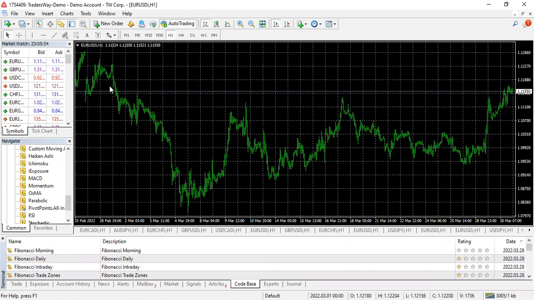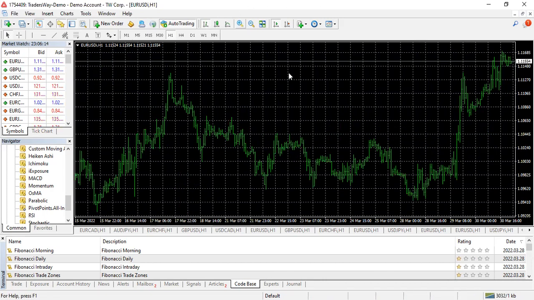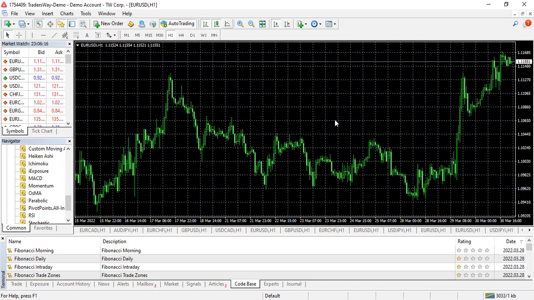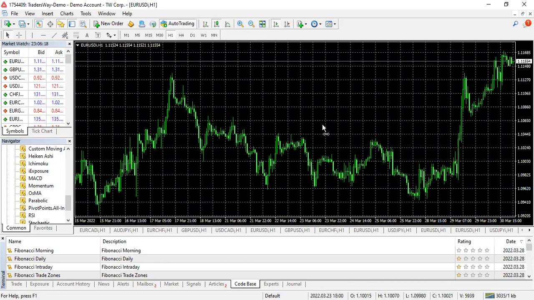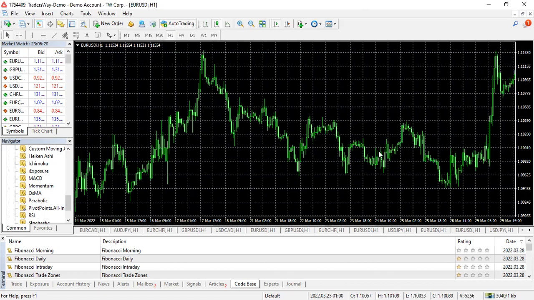So, for instance, just like this, instead of us looking at this by ourselves, this system will help us identify where we have a support level and where we have a resistance level. Let's assume this is my current market.